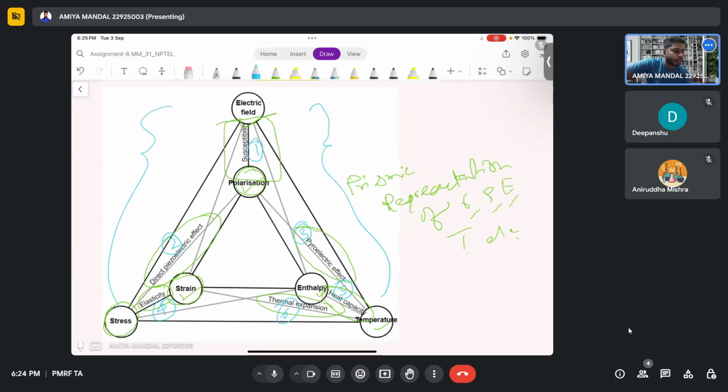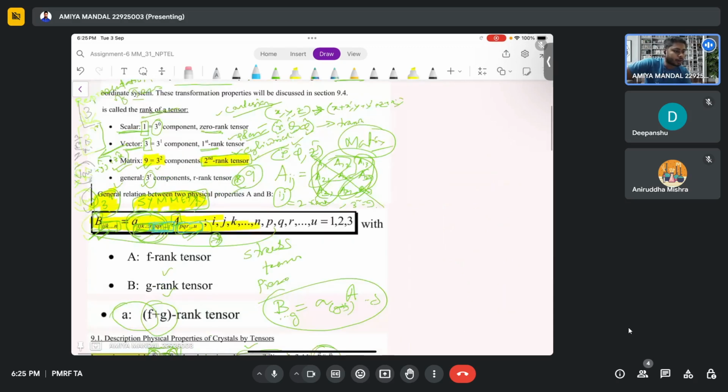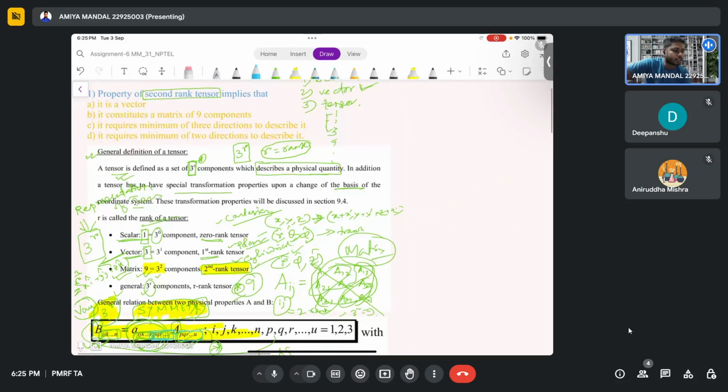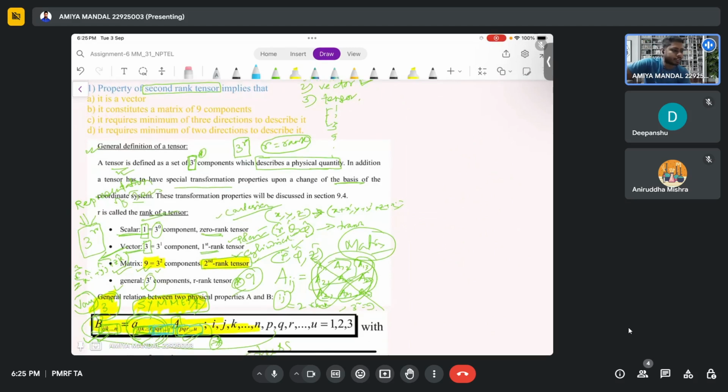Okay, let's try to find the answer to this question. The property of a second rank tensor implies that it constitutes a matrix of 9 components and it requires a minimum of 2 directions to describe it.